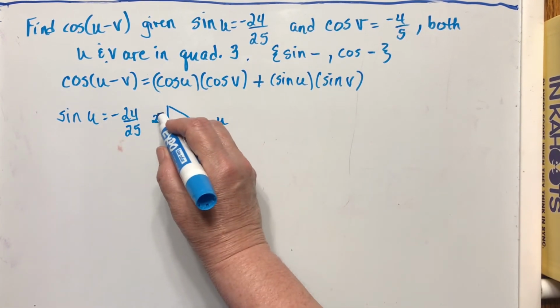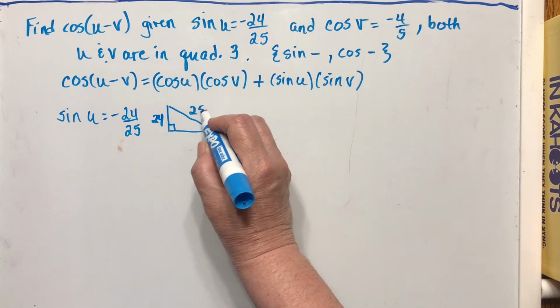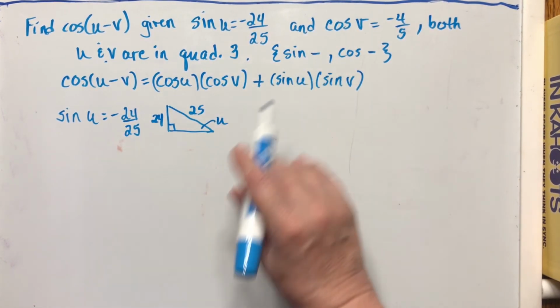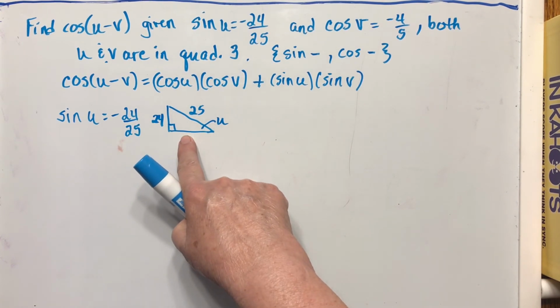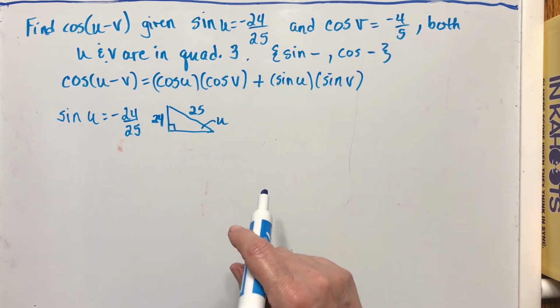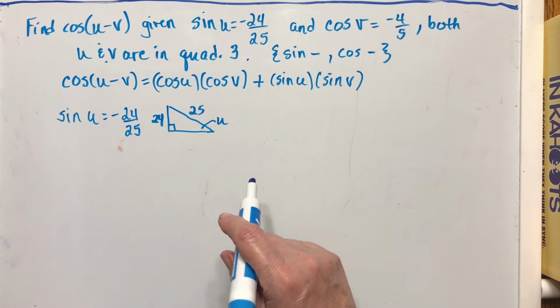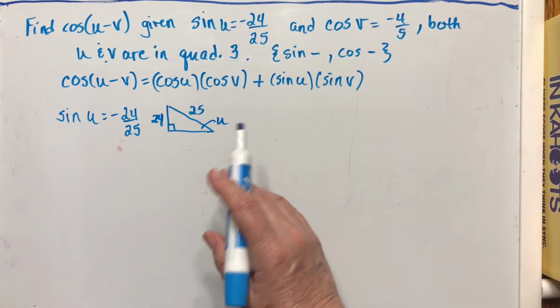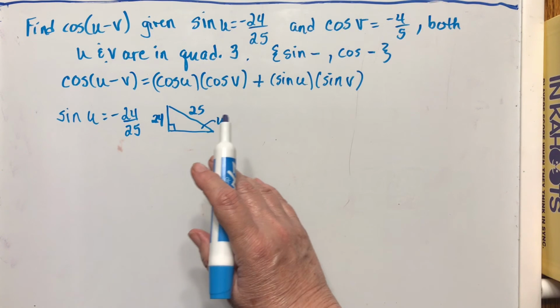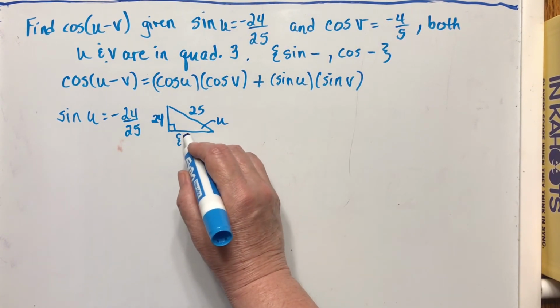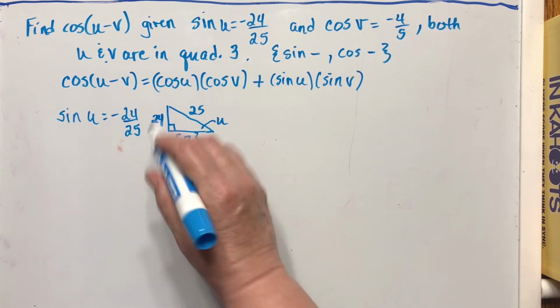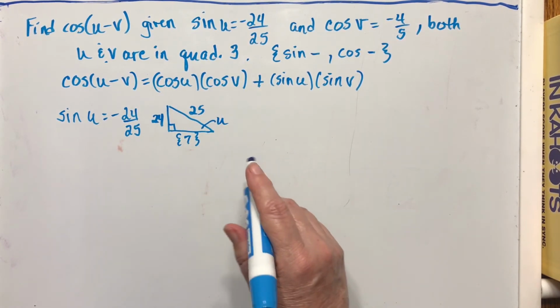So the opposite is 24, the hypotenuse is 25. And notice it's never going to be drawn to scale, that doesn't really matter. So now we need to find our missing side, and you can use the Pythagorean theorem. I strongly urge you to use a calculator if you do. Or I can abracadabra it and just tell you that our missing side here is 7. 7, 24, 25 is a Pythagorean triple.